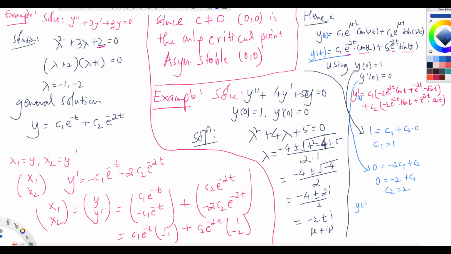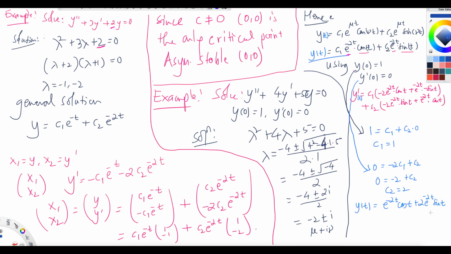Hence y of t equals e to the negative 2t cosine t, plus c2 is 2, plus 2 e to the negative 2t sine t. This is what you get, the solution.